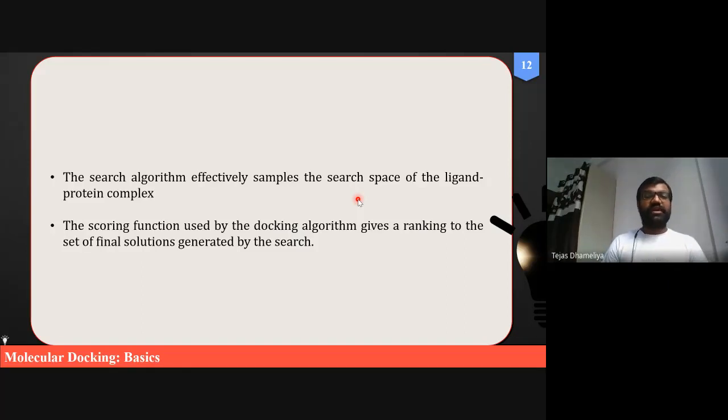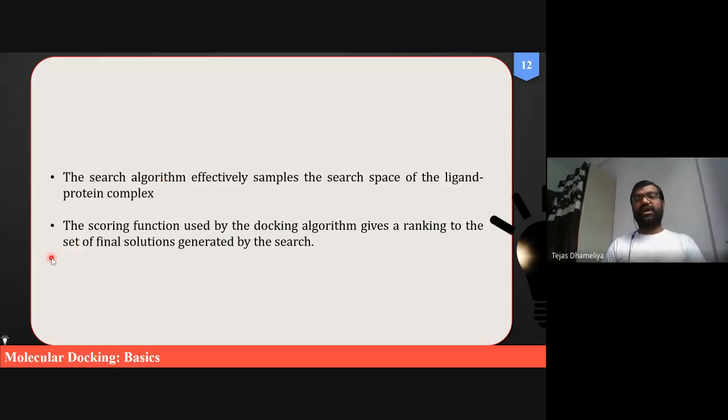Such software uses an algorithm that is useful for identification of the ligand-protein complex. We will also see in our coming slides that different softwares depend on different search algorithms.